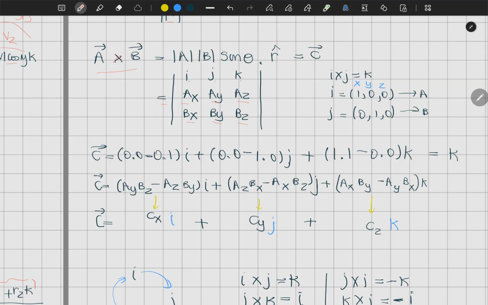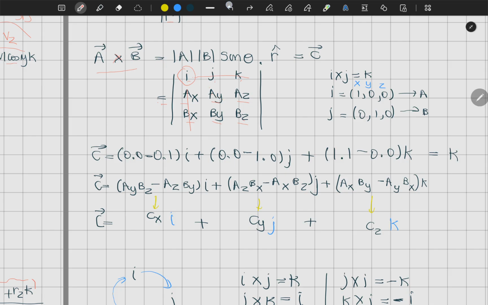Okay. And then if you have to solve this matrix, you're going to solve it according to I. So you're going to times this one and that one, so that we see A times BZ negative A times BY. That's what you see there.